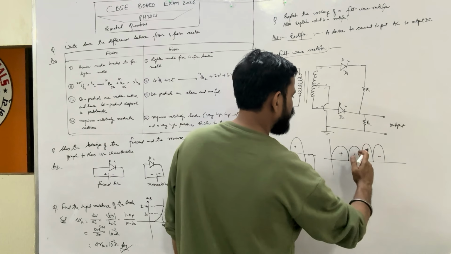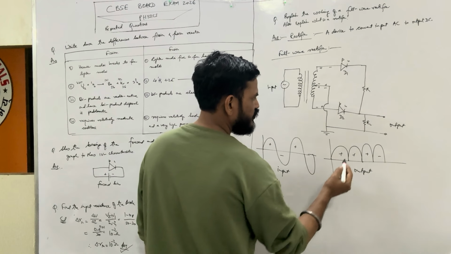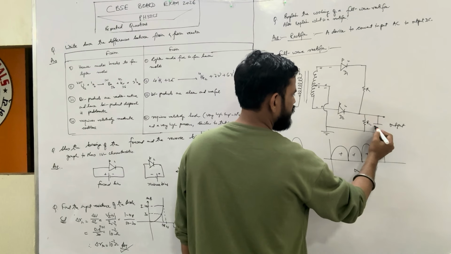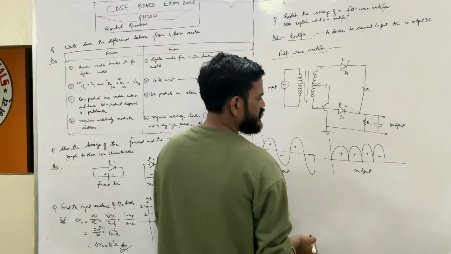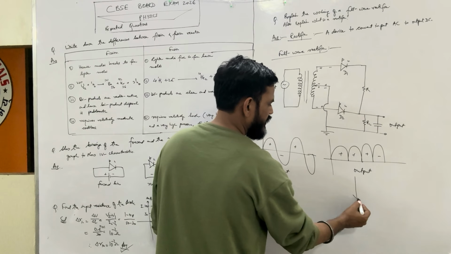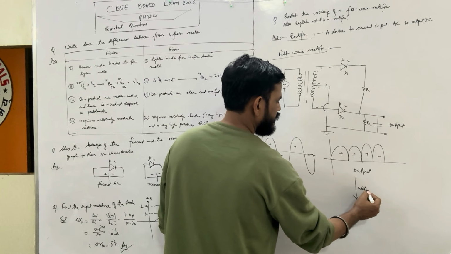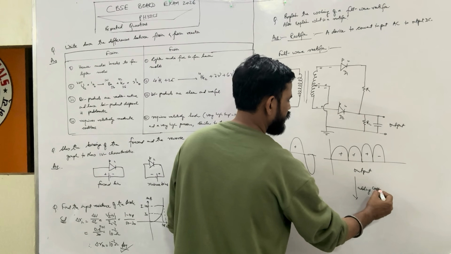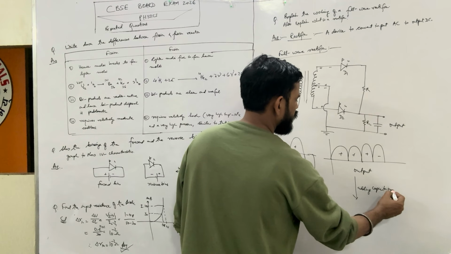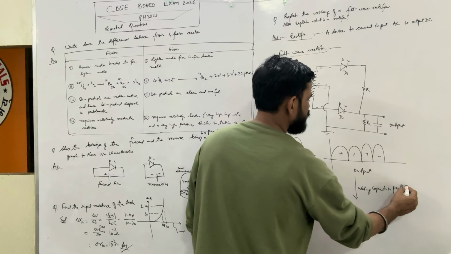Now you see this output is quite bumpy. So to make it smooth, you add a capacitor in parallel. Due to the charging and discharging cycle of the capacitor, the output becomes smooth.